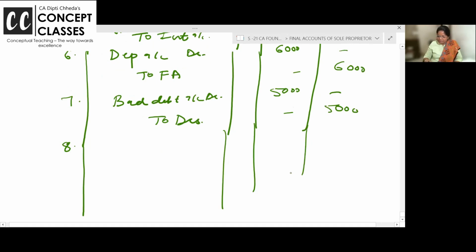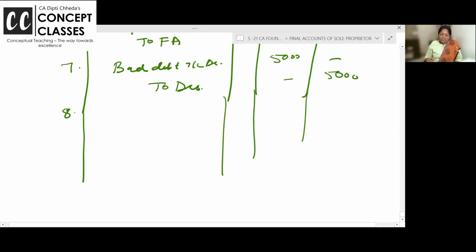Next, provision for doubtful debts you have to create. Any provision you create, entry is P&L account debit to provision, for depreciation, provision for doubtful debts, provision for income tax, anything.